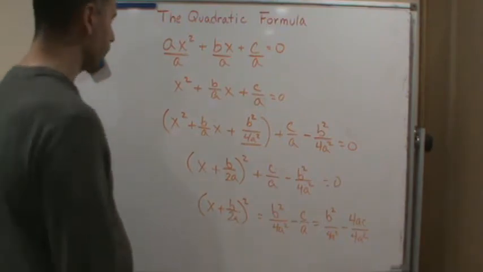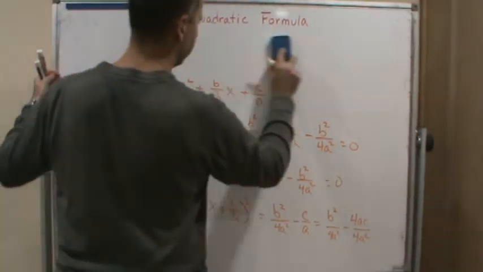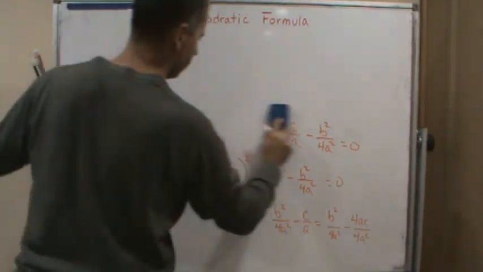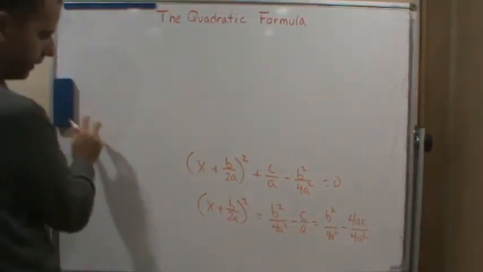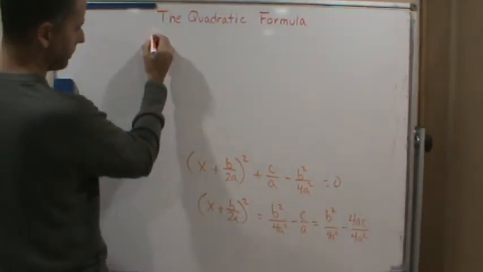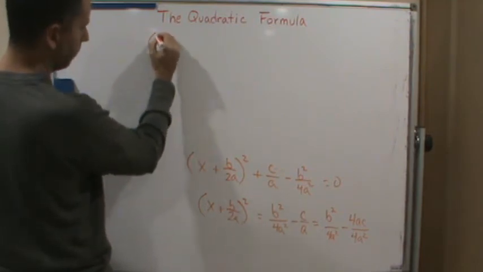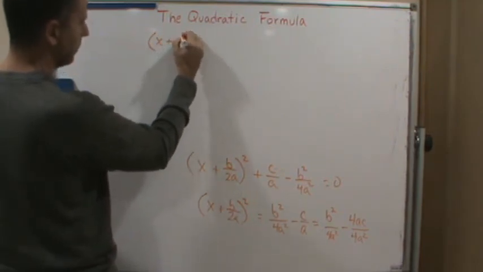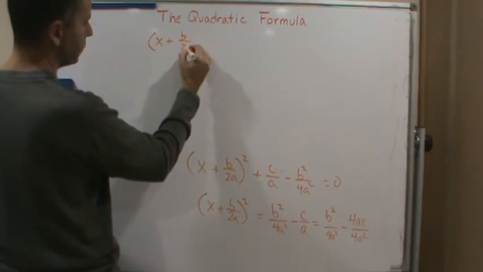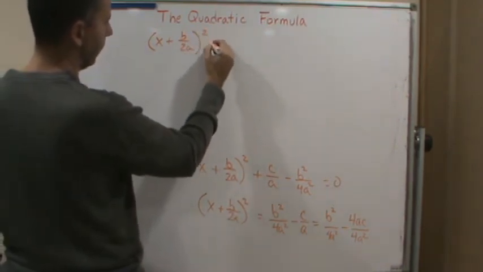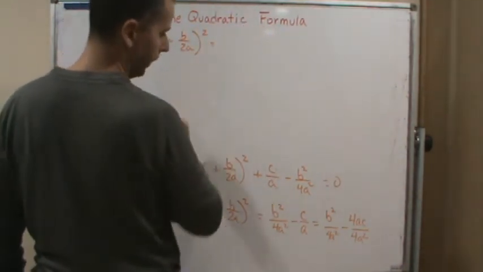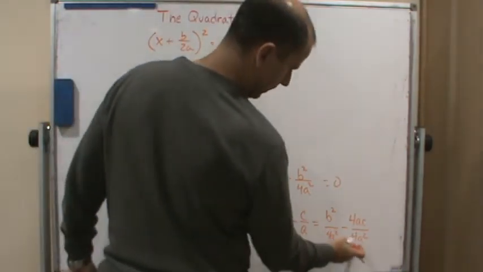So now, let's come back up here. What have I got? I've got x plus b over 2a squared equals, and now I'm going to combine these like terms.